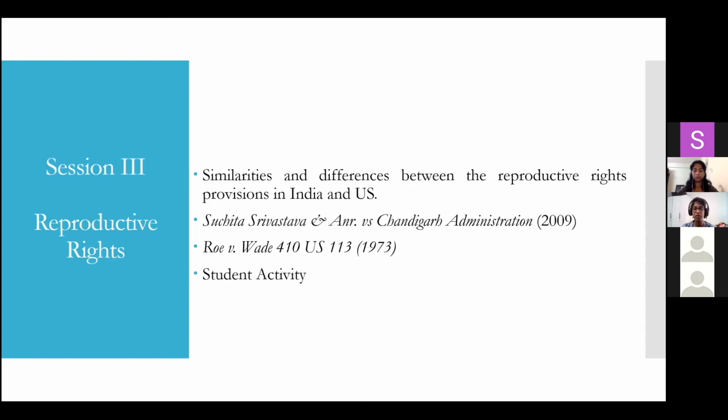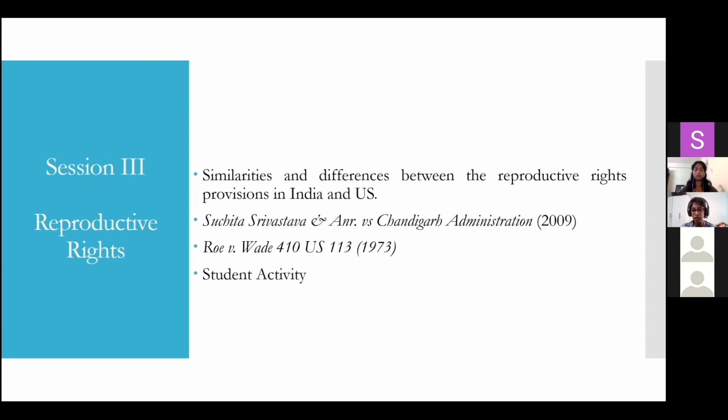This was followed by a small discussion on how these two systems look at abortion. Some of the points raised during the discussion were very interesting, where students spoke about the agency of the woman being lacking in both jurisdictions. They spoke about the decision-making authority being the state in the US, the federal angle as well.